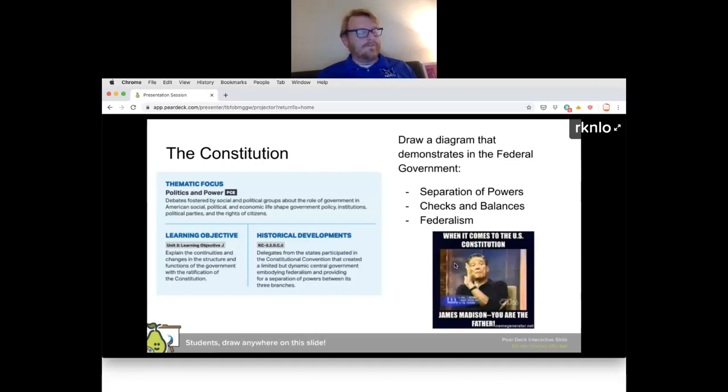Ava. No, lost her. Let's see here. Reba, what's federalism? Like power to the national government versus like state government.